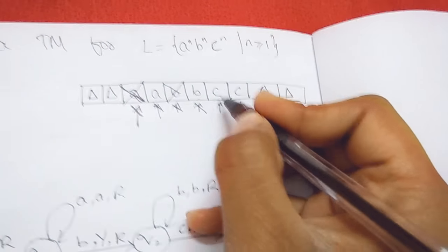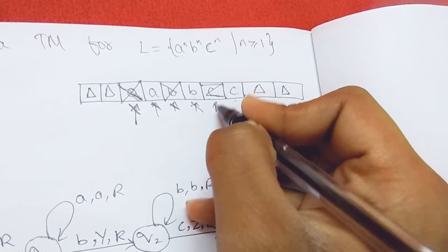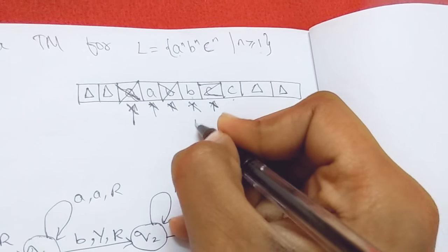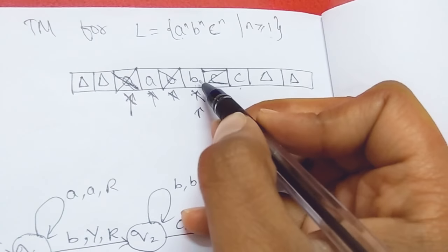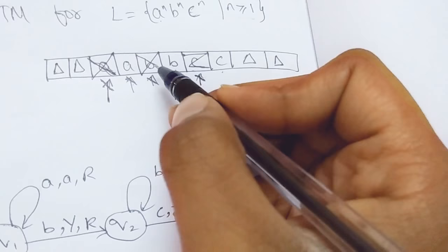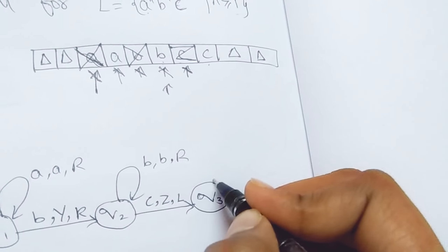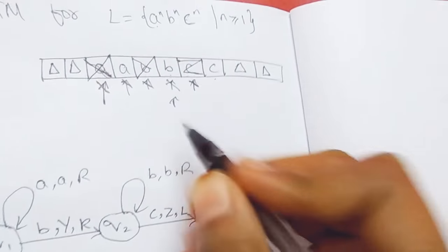Replace C with Z and the header will move to left. Now it's seeing B. I don't need to process this B, because I have to go back till X and then continue the process again. Therefore I'll replace B with B itself and move left.